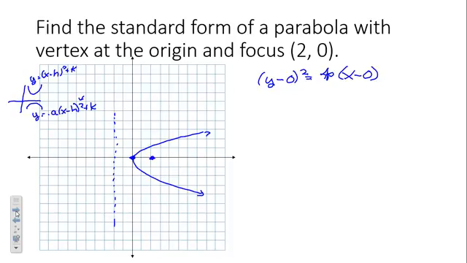And we know p is 2 because we're 2 steps away. So now our equation is going to say, you can leave the 0 in there if it makes you feel better, or you can remove it. And remove the parentheses, 8x. And y is equal to 8x is our equation. Y squared equals 8x.